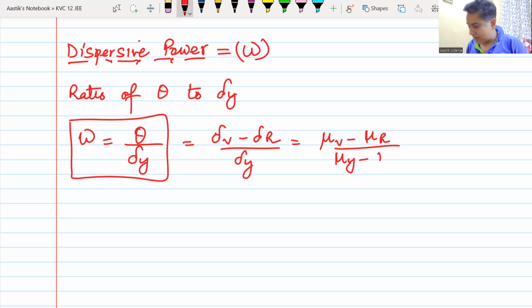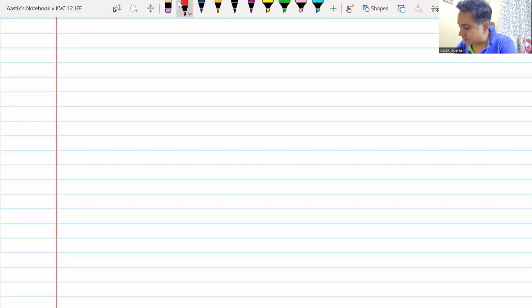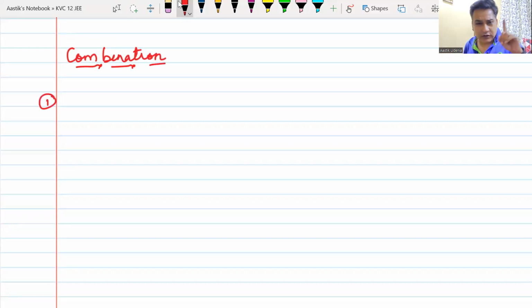the next heading is combination of prisms. Right, the next heading, combination of prism. There are two types of combinations of prism. There are two terms that we have heard.